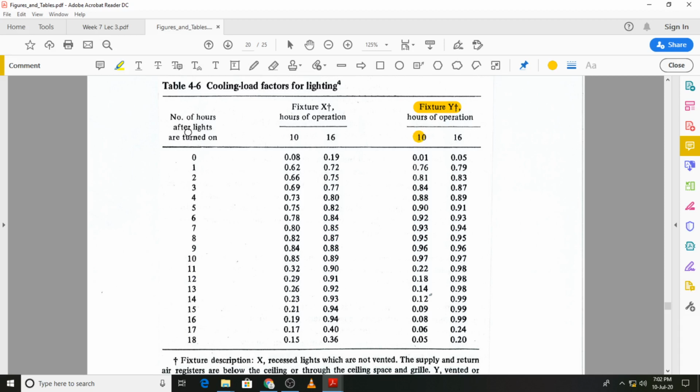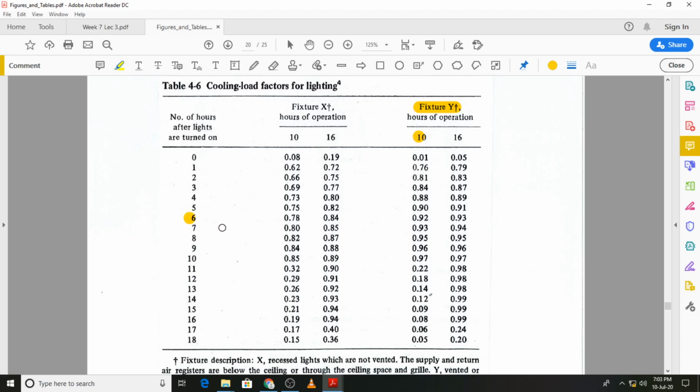In the first column we have number of hours after lights are turned on, and this value is worked out similar to the value that we had used in the case of occupancy, that is, how much time has elapsed since the lights were switched on until the time you are finding the cooling load. So we start from 0800 hours when the lights are switched on, and we are finding the cooling load at 1400 hours, so 6 hours have passed until then.